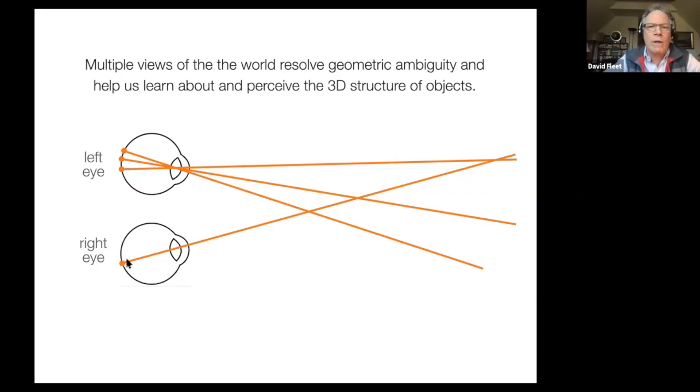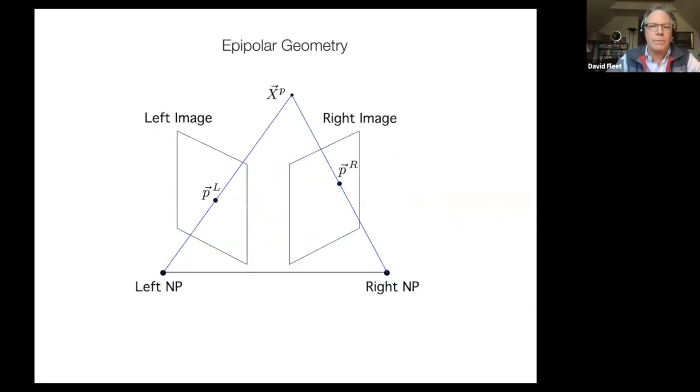And that's where you have complex problems associated with stereopsis and the perception of three-dimensional depth. And to get into how the brain solves this, or how we solve this in computer vision, I want to break down the geometry and go into a little bit more detail.